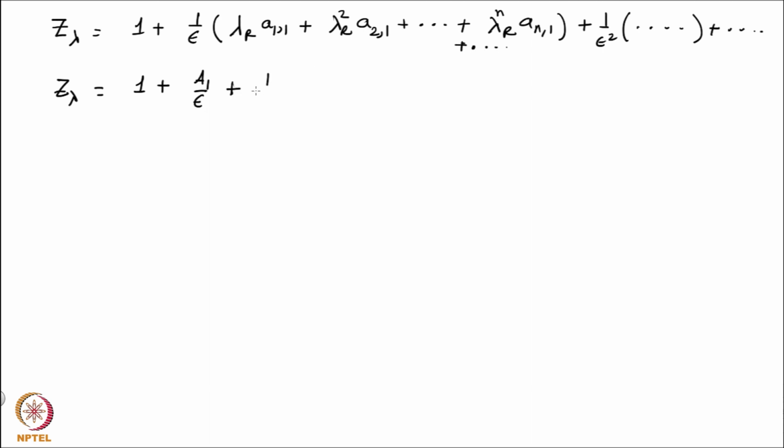Then you will have 1 over epsilon squared terms. Call the coefficient a2, and a2 is again a function of lambda r, and the dependence is like this, plus, and so forth.